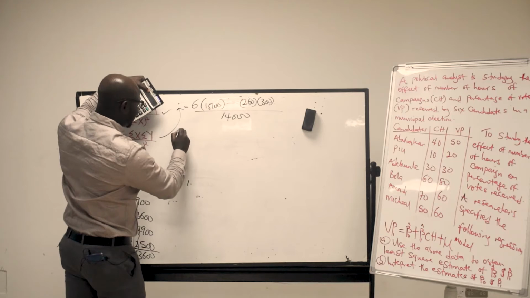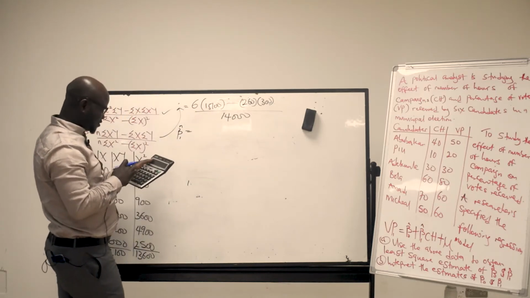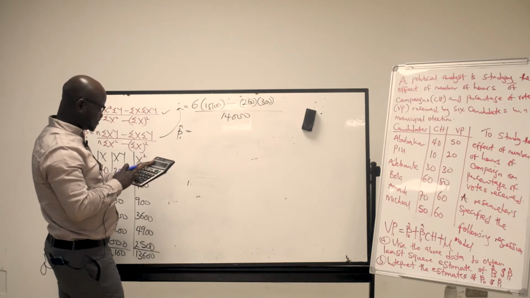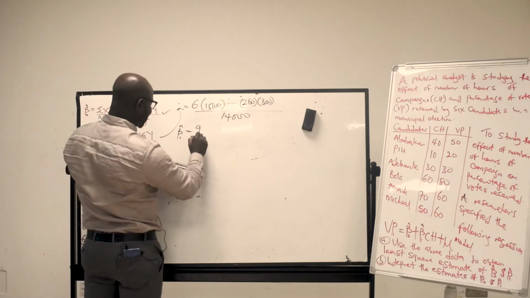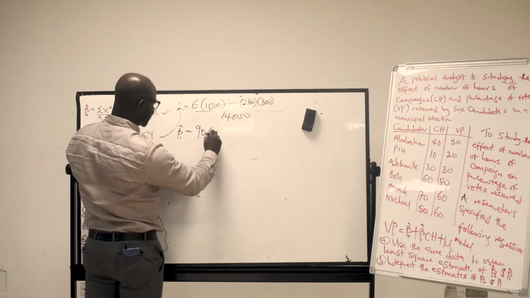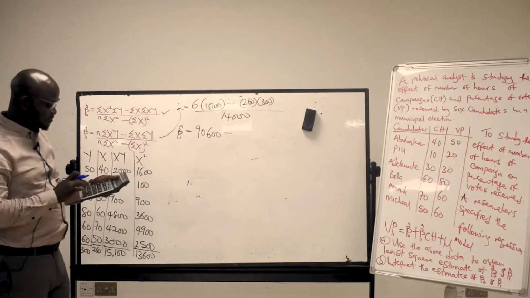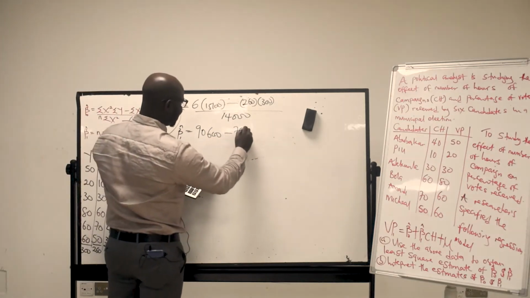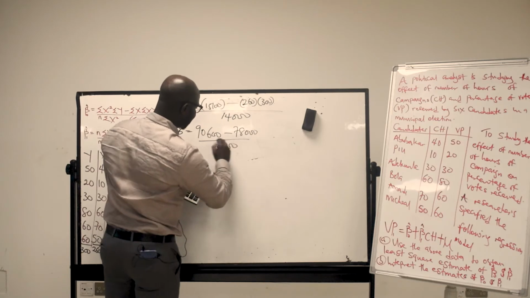So we can say beta 1 cap will be 6 times 15,100, which is 90,600, minus 260 times 300, class, we have 78,000, all over 14,000.